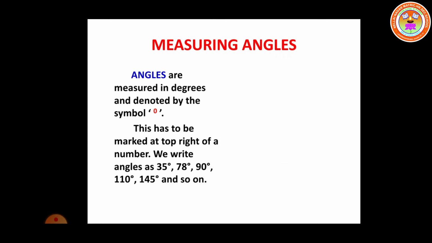At the top right of the number, we have to write the degree symbol. See the examples, how we read them: 35°, 78°, 90°, 110°, 145°, and so on.